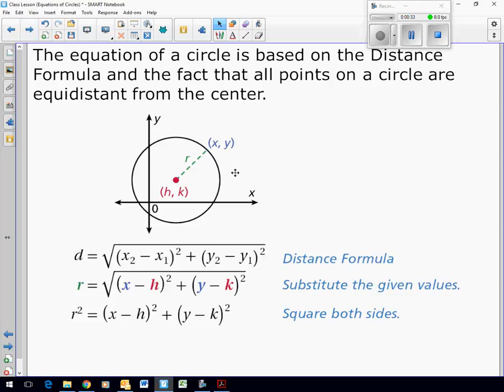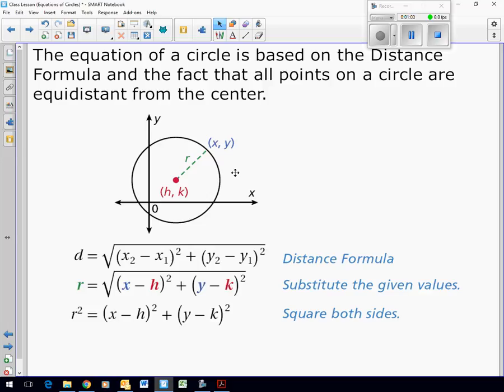All right. The equation of a circle is based on the distance formula and the fact that, we've heard this before, all points on a circle are equidistant from the center. Last unit I talked about this, and I'm continuing. Guys, all radii are created equal, right?